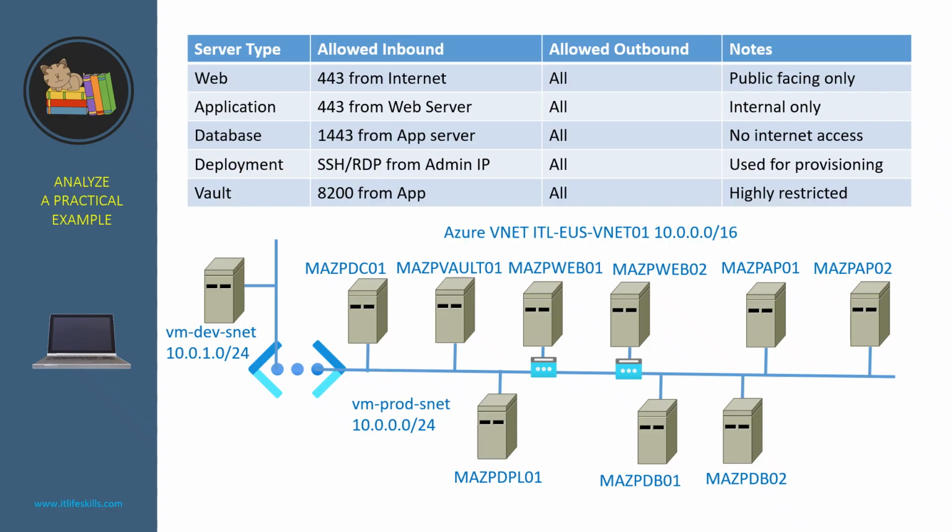On all the servers of all tiers, we need to allow the access from the deployment server on the SSH or RDP protocols for it to perform the deployment and update. And on the Vault server, we need to allow the access from the application servers on port 8200.